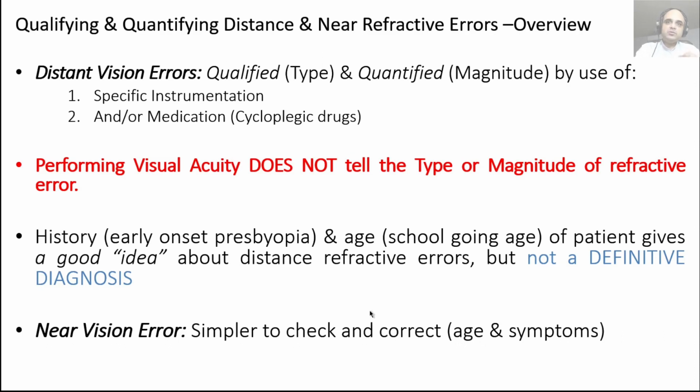Don't confuse latent hypermetropia as a near vision error. A young patient who is generally not of a presbyopic age complaining of a near vision issue is likely to be a latent hypermetrope and not a presbyope. We've talked about that in detail when we were talking about hypermetropia. So you can go refer back to that discussion if you want to recall or review what we talked about.